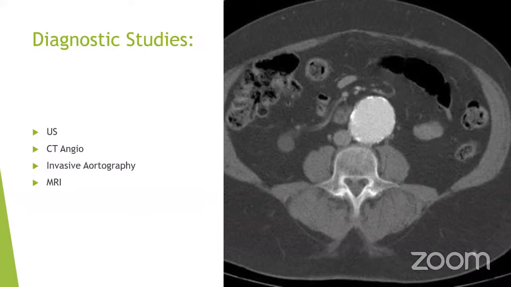It can visualize the entire aorta and its branches, and it can identify any dissections or ruptures. Conventional angiography is rarely indicated to define the anatomy. MRIs can also be used. However, they are rarely needed.